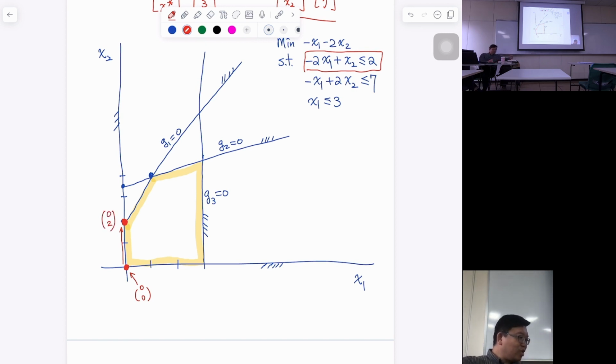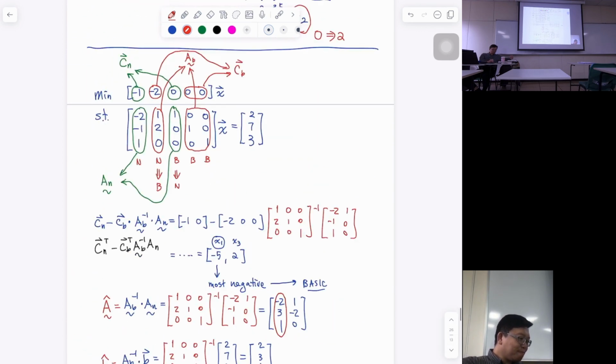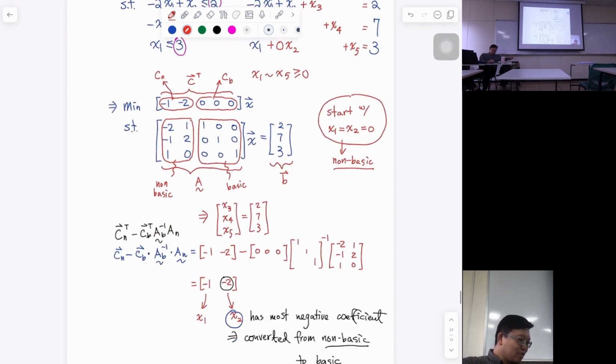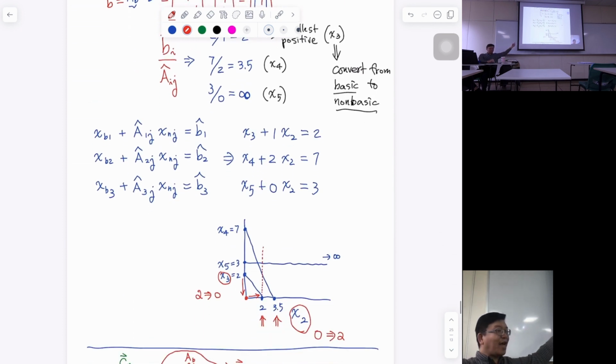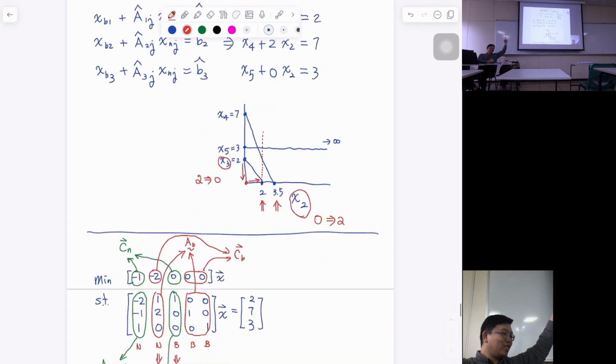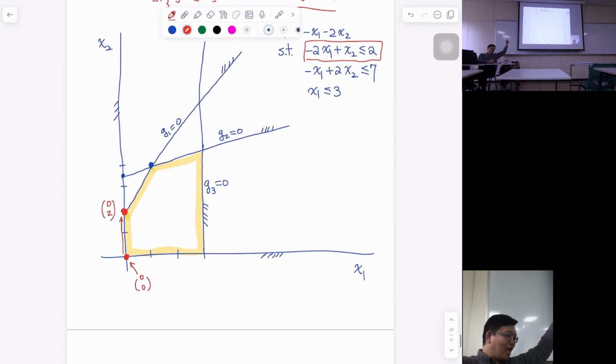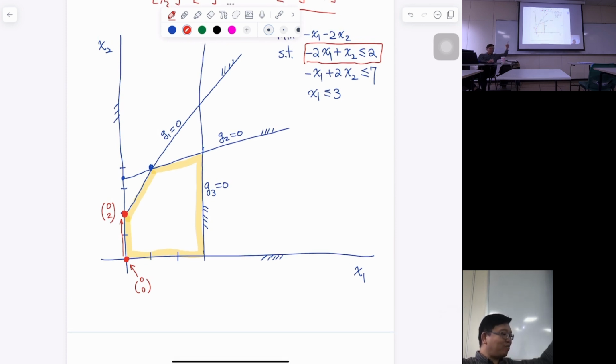Did we have x2 equals 2? Here, I said x2 equals 2. We stopped there because if we keep moving along the x2 direction and want to stay inside the feasible space, the most we can walk is stopping at 0, 2. If you go further, everything becomes infeasible.